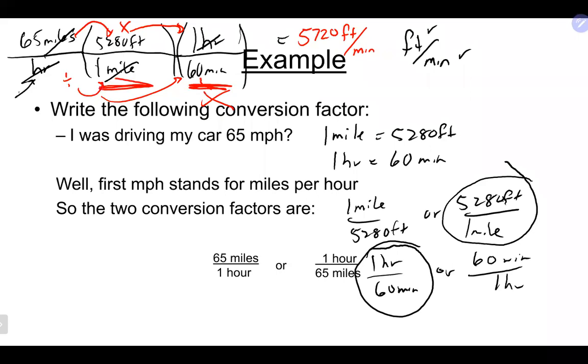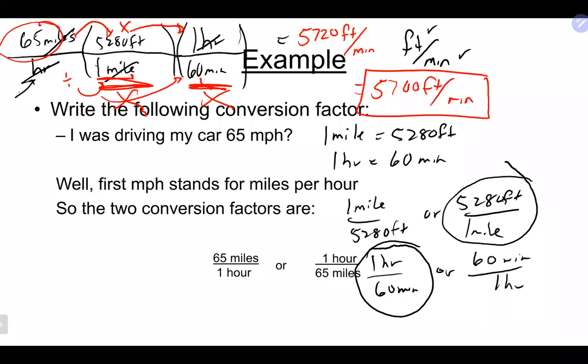This is also an exact number, which means we don't need to worry about it, which once again means we should come back to our original number, which was 2. And our answer should have 2 significant figures in this case. So it really should end up at 5,700 feet per minute. Any questions on that?